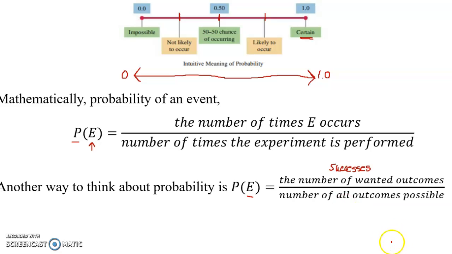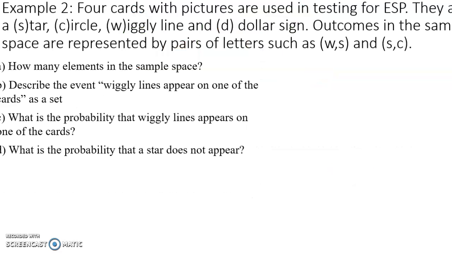So now that we've gone through the basics, let's look at some examples. 4 cards with pictures are used in testing ESP. There's a circle, star, wiggly line, a dollar sign.